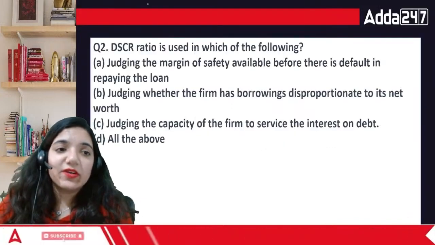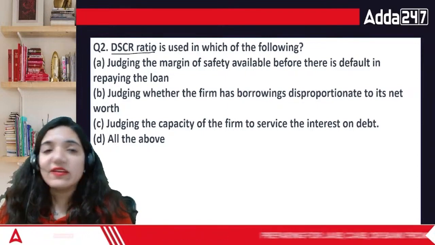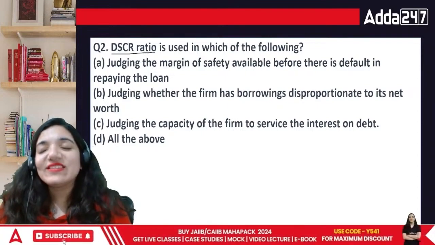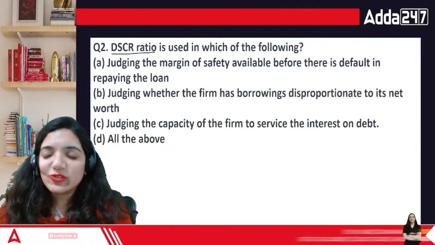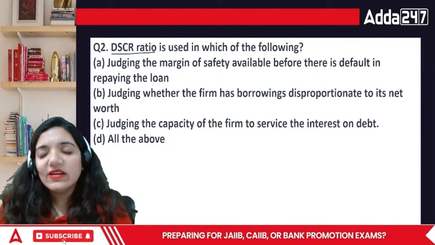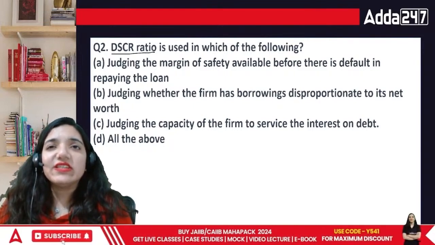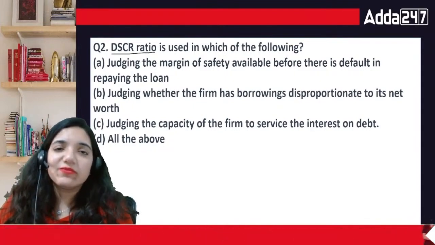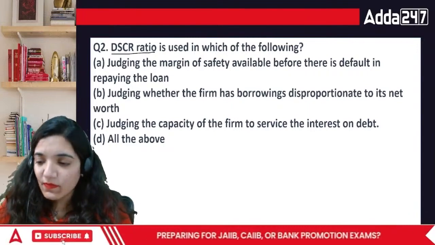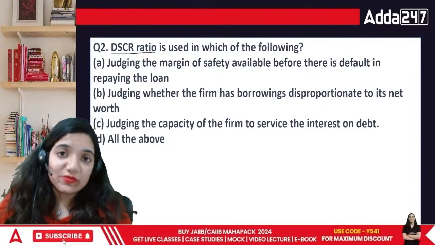Now, second point, debt service coverage ratio. I think they somehow love this ratio. Why do I say this? Because this particular ratio was asked in promotion exams. This particular ratio was asked in our regular exams as well, in the JAIIB examination as well. So I have seen this ratio having importance like anything. And this is basically a ratio which is very judgmental.